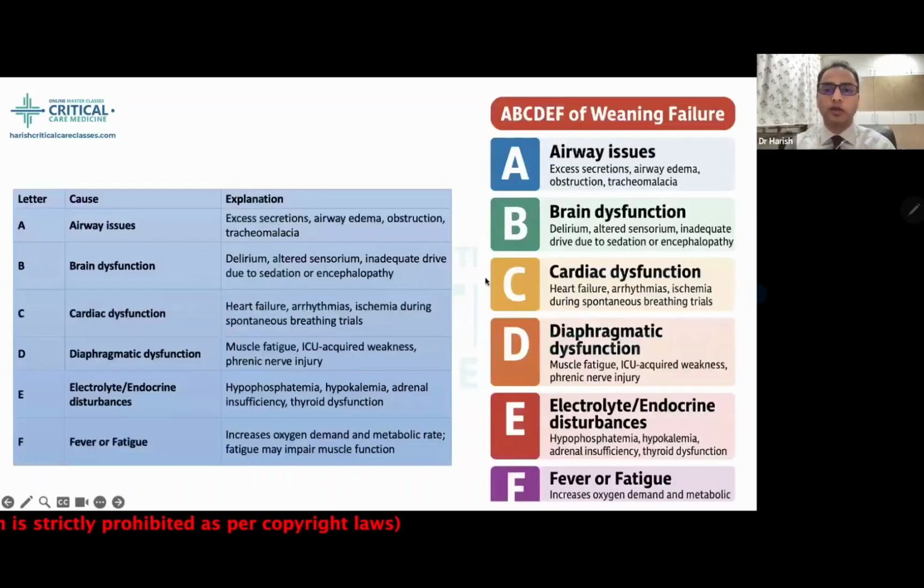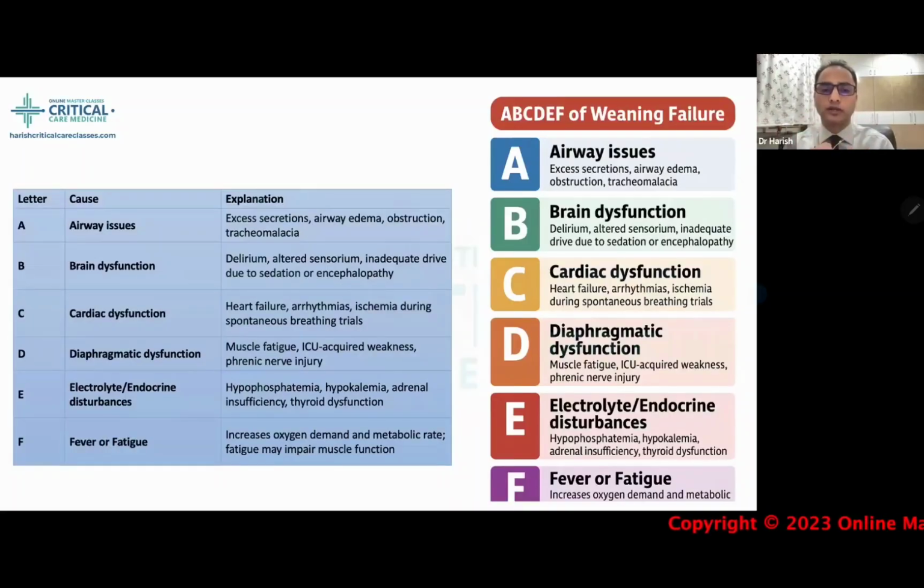You can remember this mnemonic: A, B, C, D, E, F of weaning failure. Airway issues, like excessive secretion, airway edema, airway obstruction, tracheomalacia. Brain dysfunction, whether he's having delirium, altered sensorium, inadequate drive due to over-sedation or encephalopathy. Cardiac dysfunction, weaning failure because of cardiac origin.